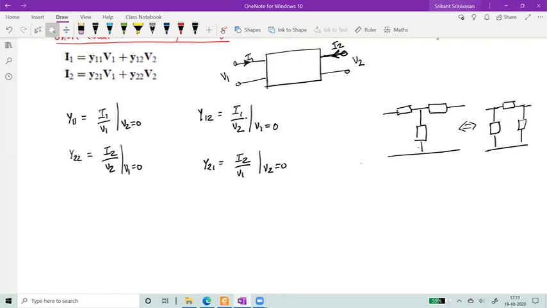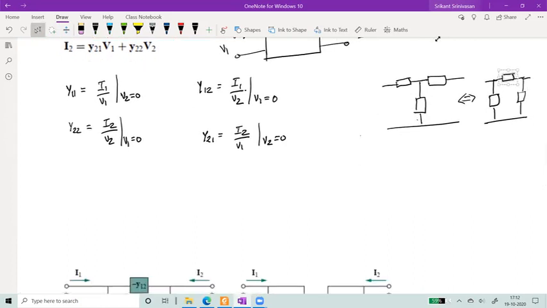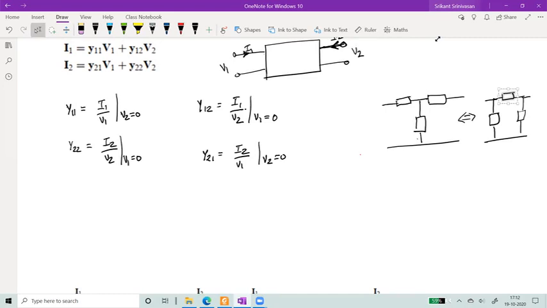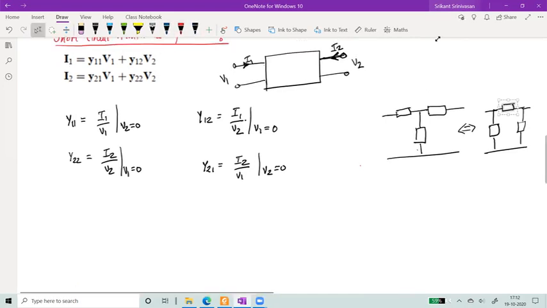So you can always have this duality principle, and usually if you have a set of elements, for example, if these are inductors, then they can be replaced by capacitors in the pi network. So if I have a set of inductors here, they'll become capacitors over here, and they will have the equivalent impedance, and so forth.